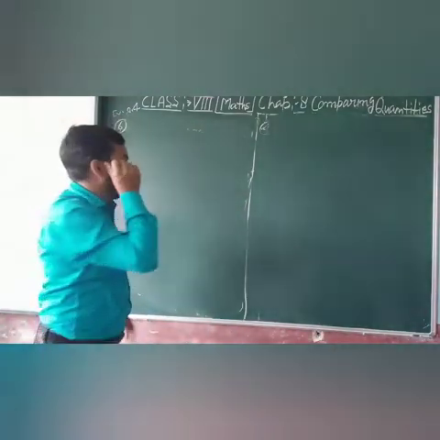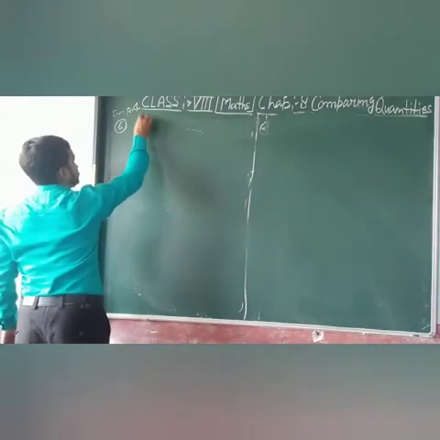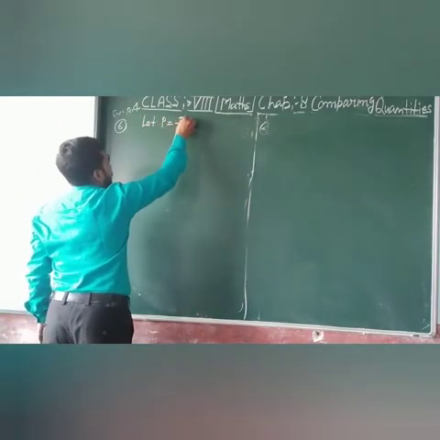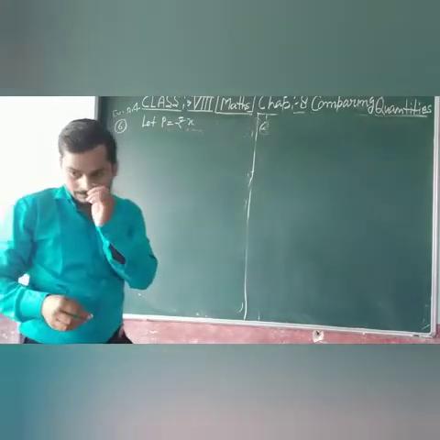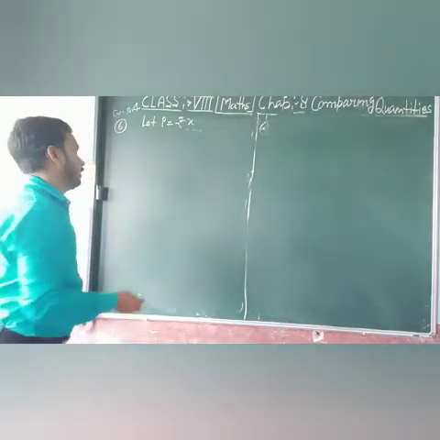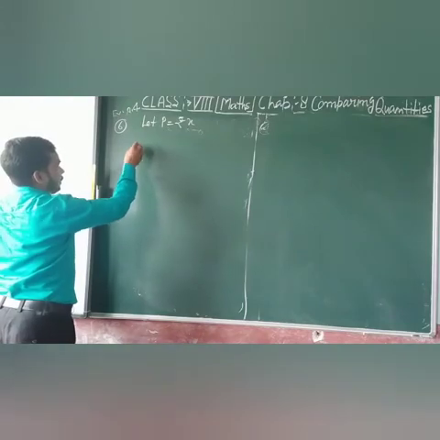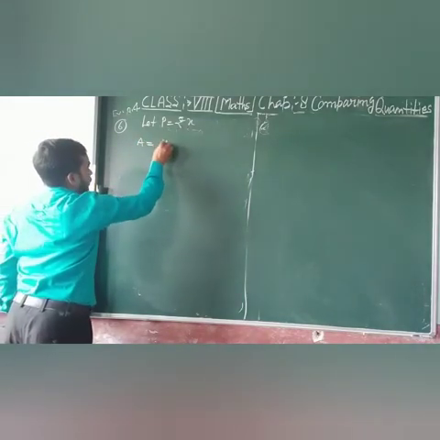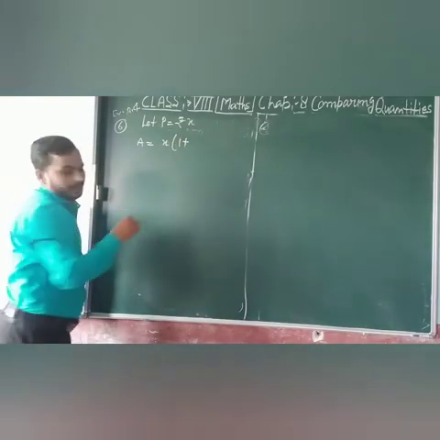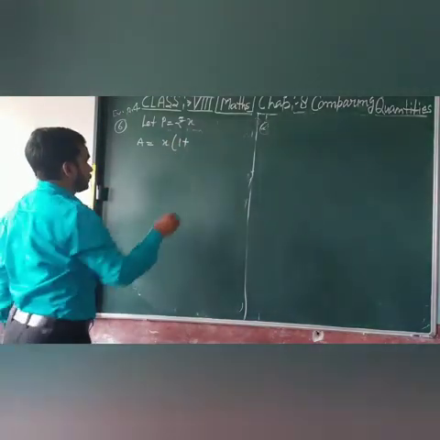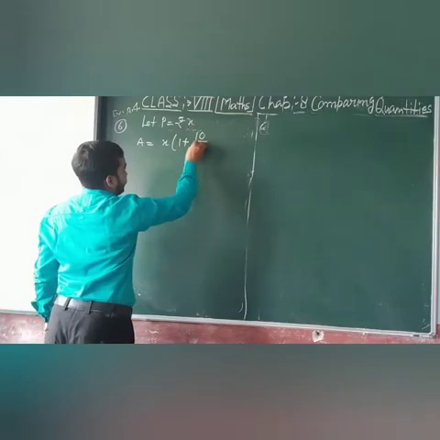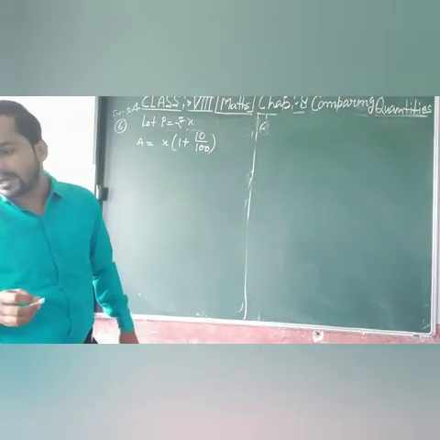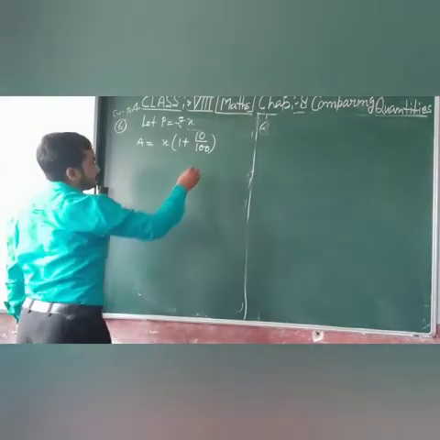So let the principal be ₹x. Then apply the formula of amount when compounded annually. So amount equal P is x, so x into (1 plus rate 10 upon 100) whole power n. N is the number of years, 3 years.